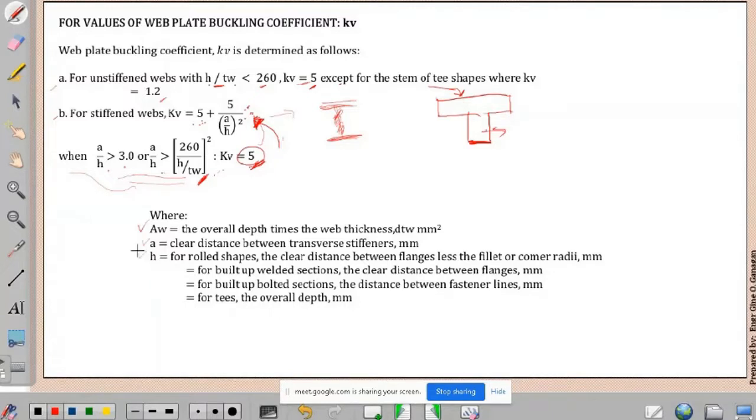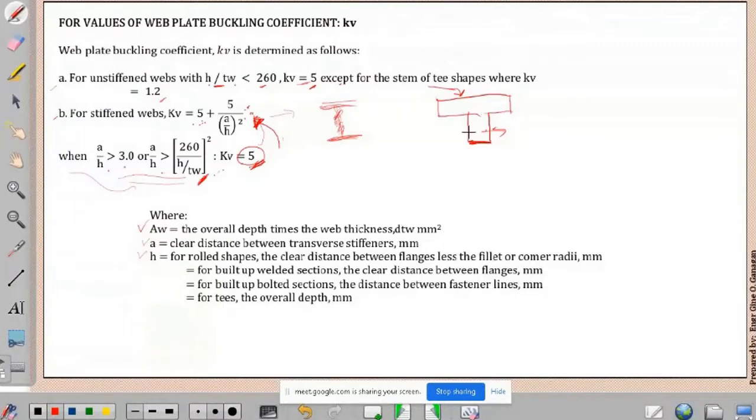Tapos yung h, ito yung for rolled shape, ito yung clear distance between flanges. So for built up, the clear distance between flanges. Okay? So for a, yung ating clear distance between transverse stiffeners.